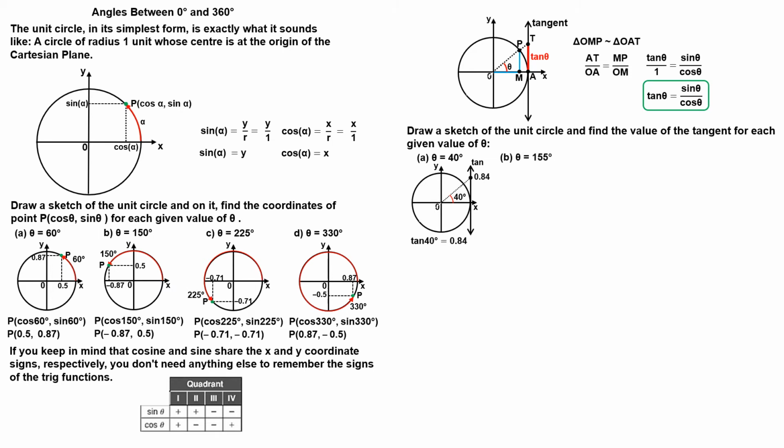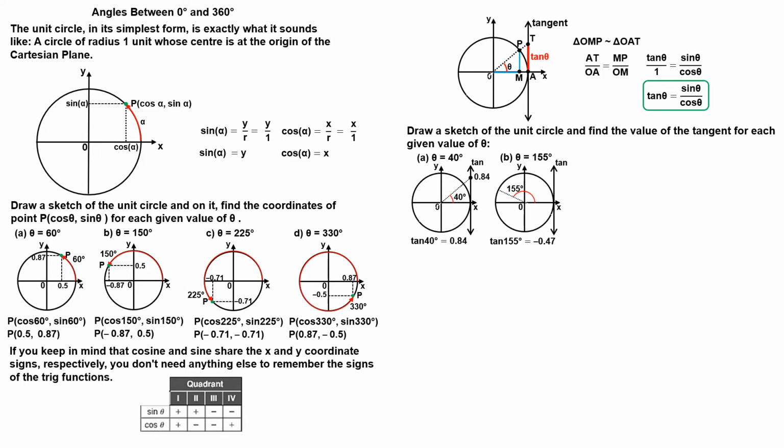Start by drawing the unit circle and the tangent line. Then trace out an angle of 155 degrees. Use your GDC to find the value of the tangent of 155 degrees.